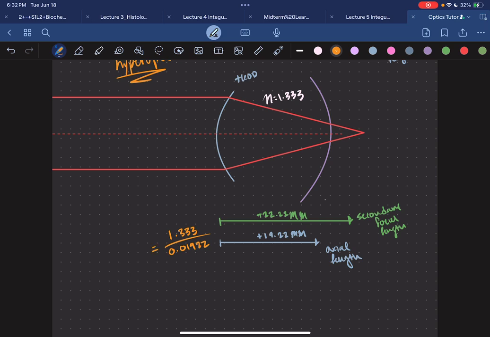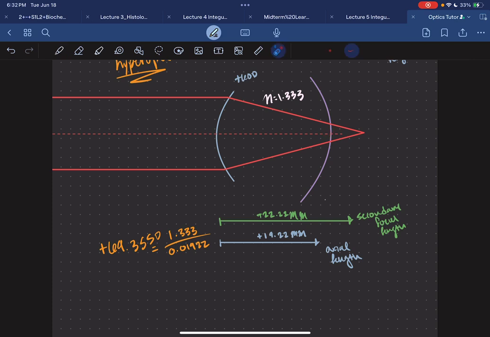And that's going to equal, put that in my calculator, 1.333 divided by 0.01922. And I just made these numbers up for the second one. This is in the slides. So the eye, for the axial length, it wants a plus 69.355, I'll do that for now, diopters in order to get the light to focus there.